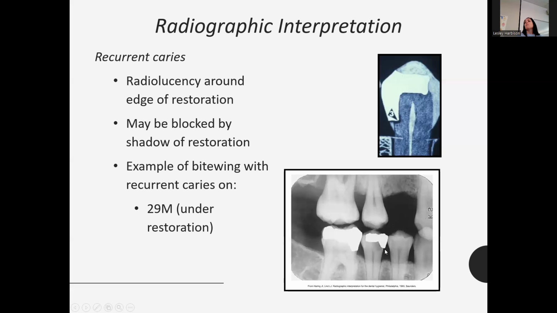This is a poor margin, a little bit of an overhang, and there might have been a little gap, and over time it just, or maybe they didn't get all the decay out to begin with, who knows, but they get this recurrent decay. Sometimes if the restoration is really big, it can block it, and you don't always see this. Sometimes you just have to be lucky and take the right angle and be able to see this on an X-ray.